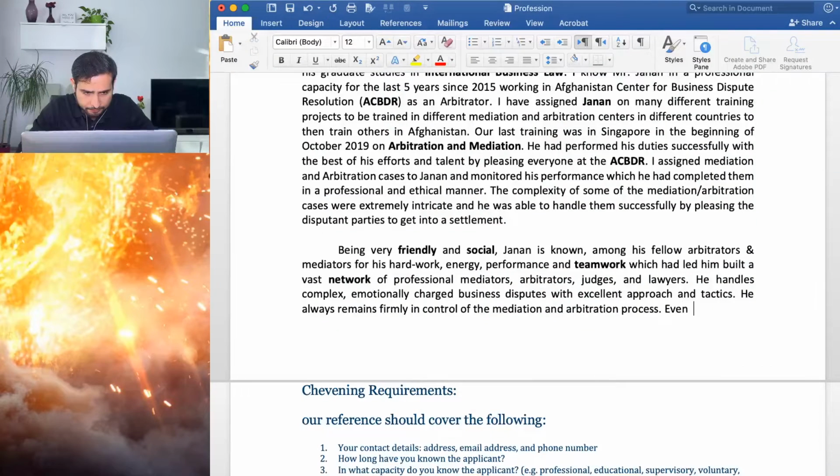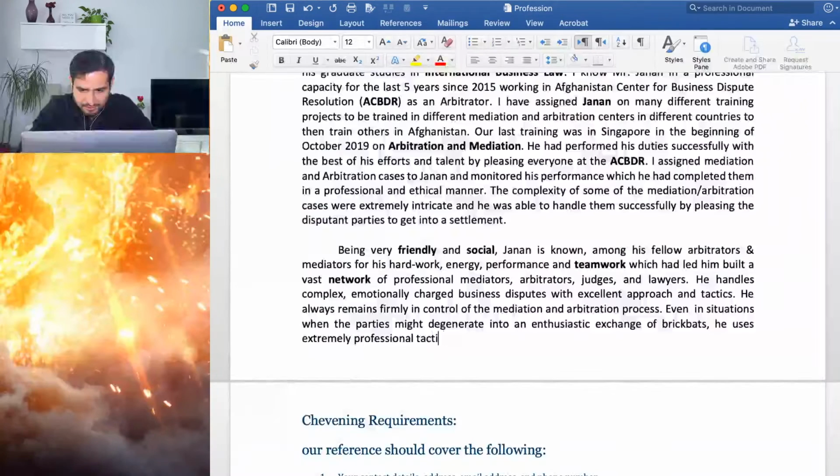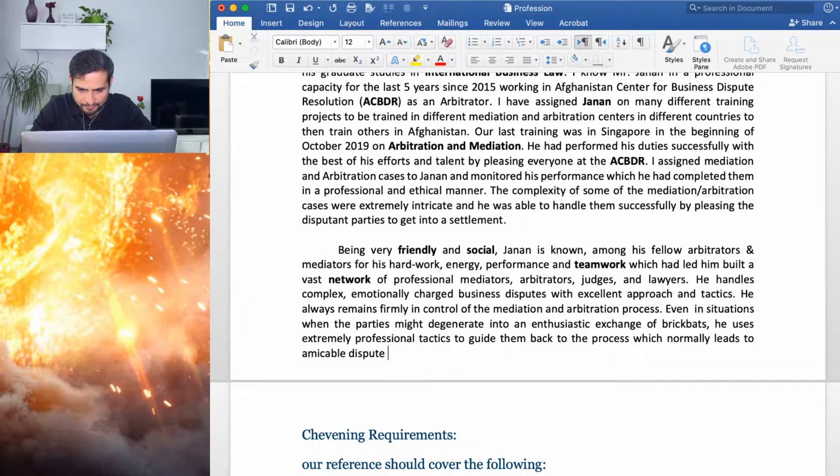Even in situations when the parties might degenerate into an enthusiastic exchange of brickbats, he uses extremely professional tactics to guide them back to the process, which normally leads to amicable dispute resolution.